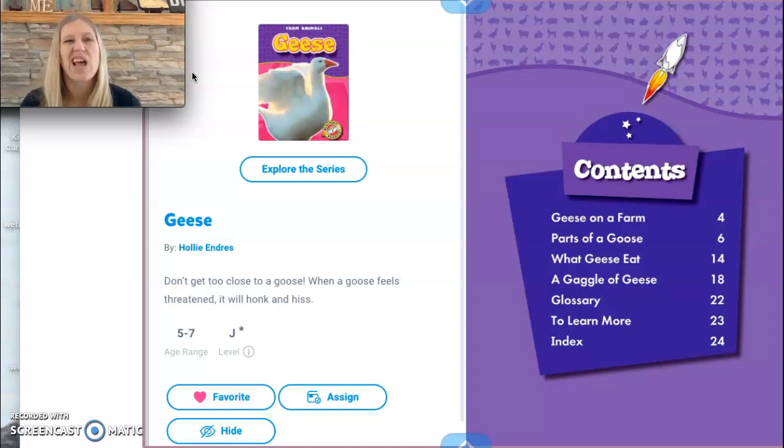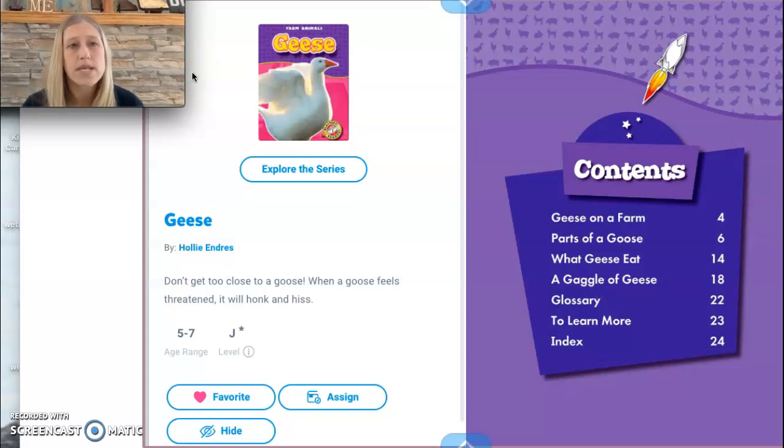When I think back about how they live on farms, the different parts of their body that help them, what they eat, that they are in groups, all of those are adaptations, something about them that helps them survive.